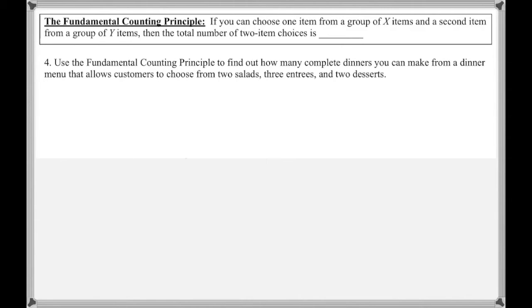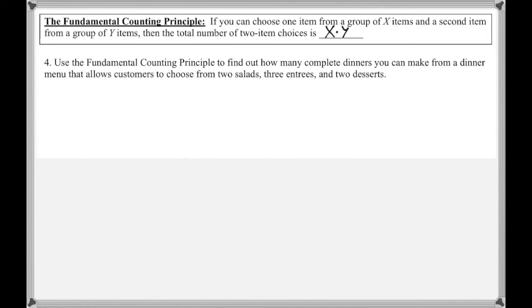And this says if you can choose one item from a group of X items and a second item from a group of Y items, then the total number of 2 item choices is X times Y. So you just need to multiply together the number of choices for each group.